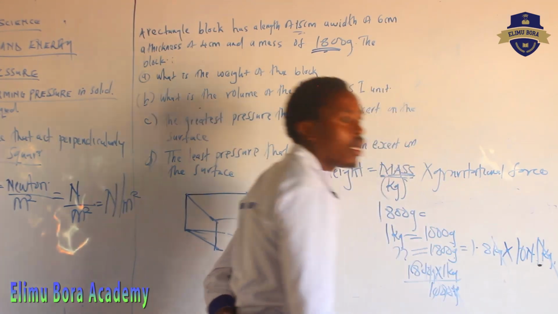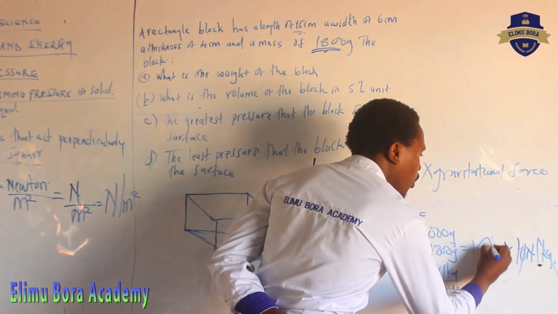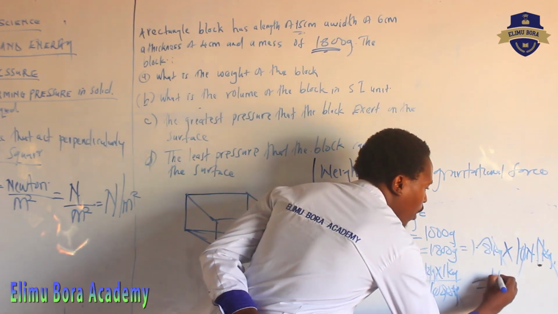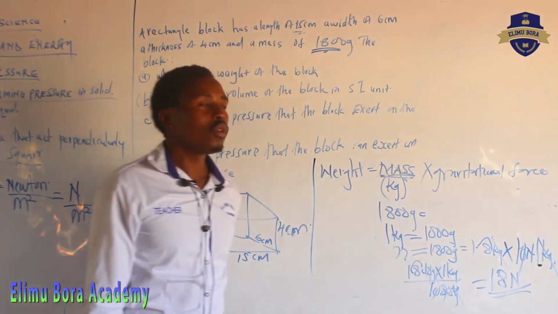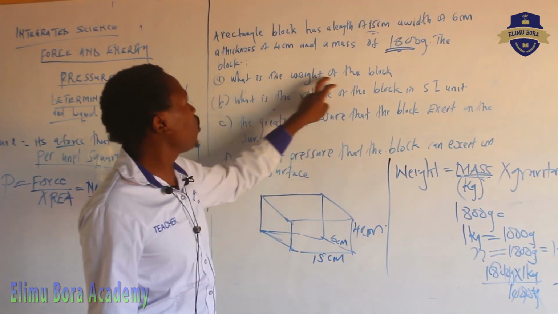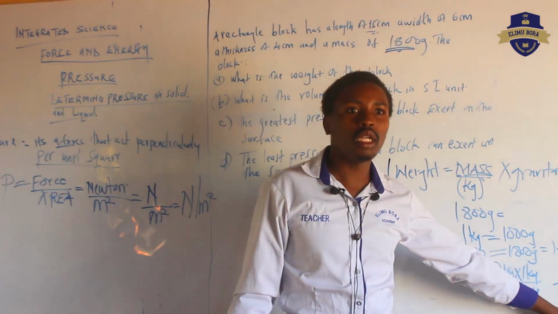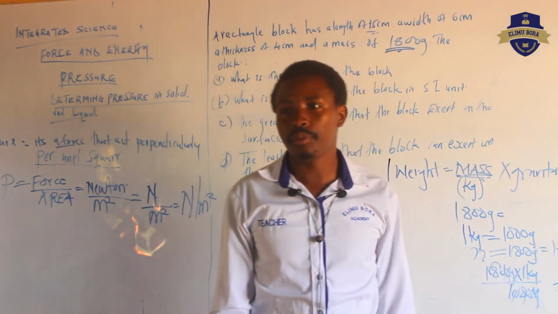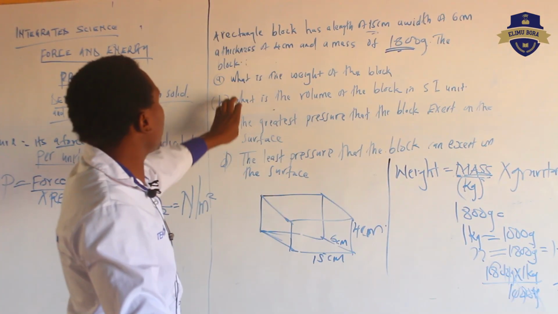The kilogram will cancel the kilogram, so the 10 will remove one decimal place, having our answer 18 Newton. So the first question, what is the weight of the block? The weight of the block becomes 18 Newton.